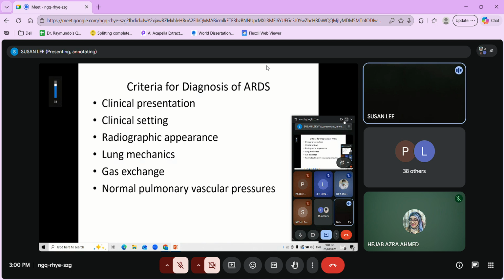The clinical setting would be the different clinical conditions that lead to the development of ARDS, the radiographic appearance, and the lung mechanics, where the patients have increased lung resistance and a drop in gas exchange, and that means you have severe hypoxemia, but you're not supposed to have a cardiovascular problem. That means your patient's cardiac function should be normal.